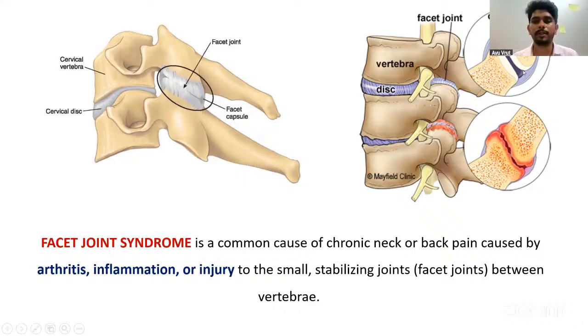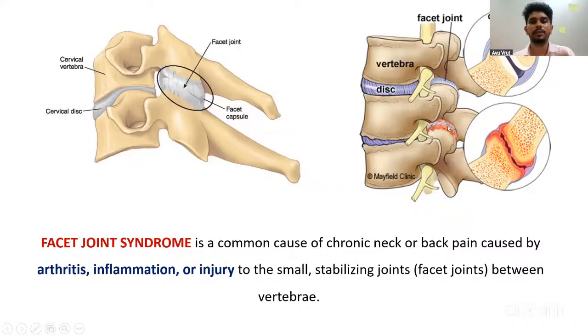This facet joint is a capsule which contains synovial fluid, a good amount of thick bands, you can see this membrane, cartilage. It is a very good cartilage. But here the cartilage has completely eroded. It is already inflamed, ulcerated.